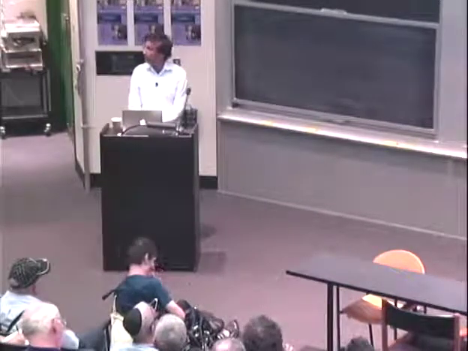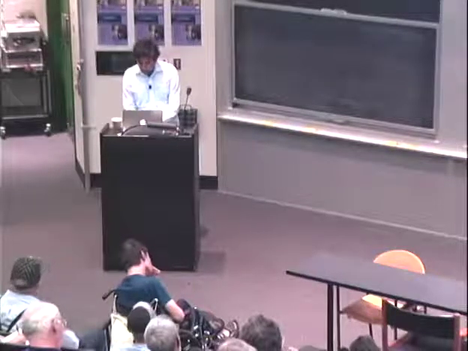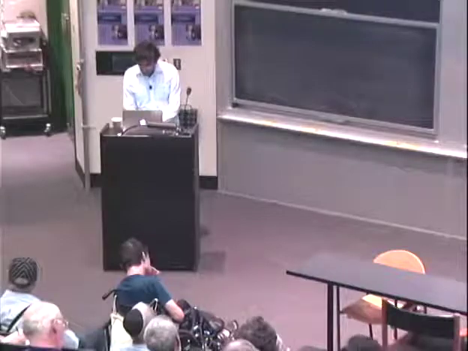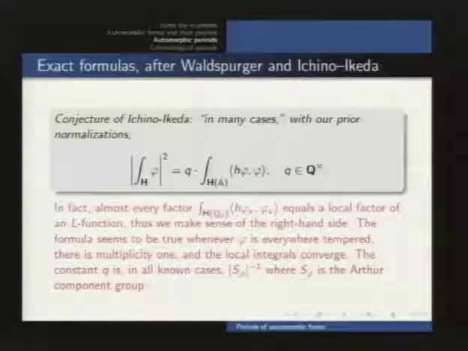Did you explain what H small is? Sorry? Did you explain what H small is? H. No, lowercase h. Okay, it's an integral over this adelic group, and little h is a variable in here. Is that okay? What's H times phi? Okay, yeah, so I didn't explain this.